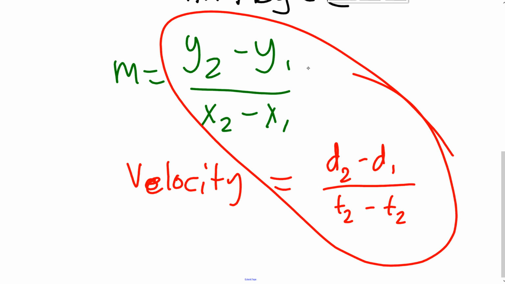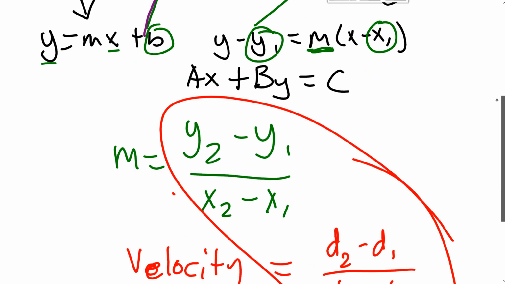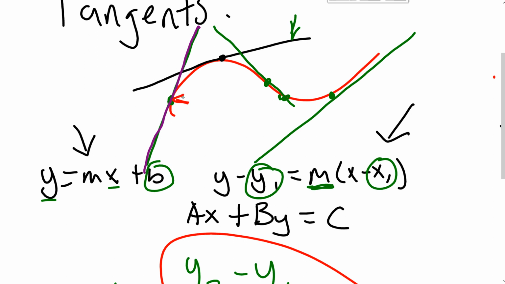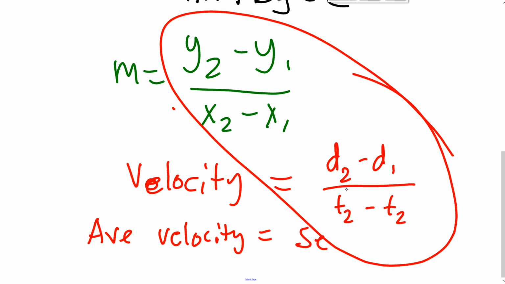But in order to use these, we had to use 2 points, so we just got closer and closer and closer, right? We had this point right here, and then we picked another point closer, and we kept on using those to find either velocity or our slope. So these two, velocity and slope, are the same thing, as at least average velocity is the same thing as secant slope, because a secant line has 2 points.